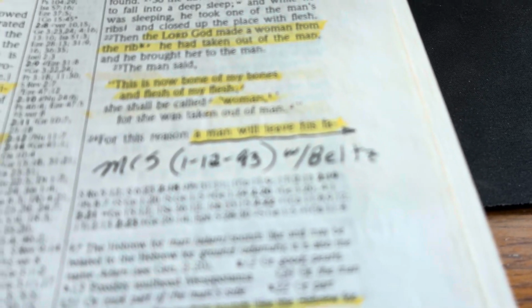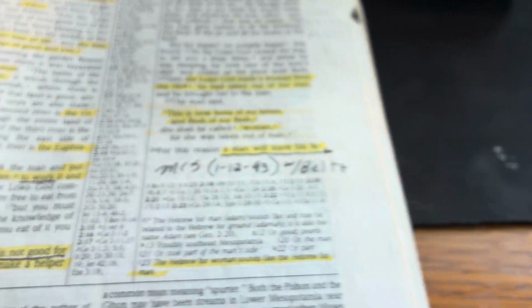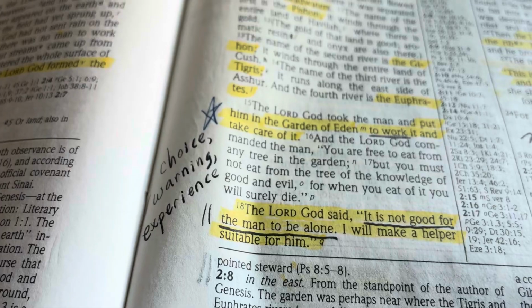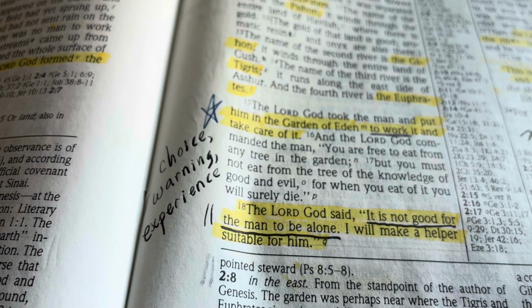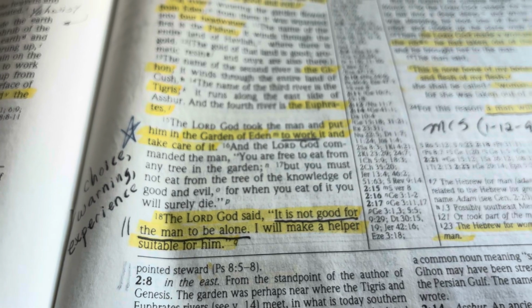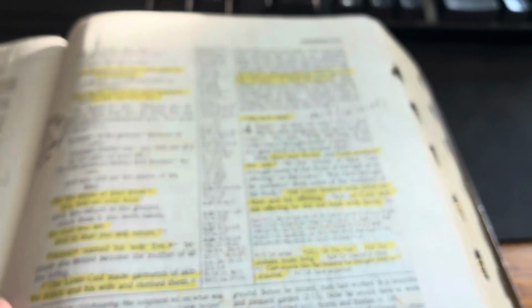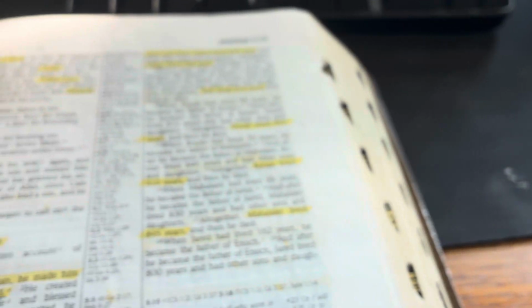Focus. There we go. Oh, missed one right here. Yeah, I'm not going to spend too much time in this Bible to make the video. I'm going to show you a few things. There's another note.